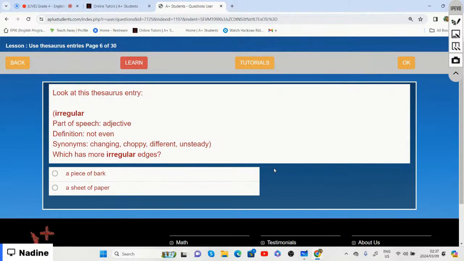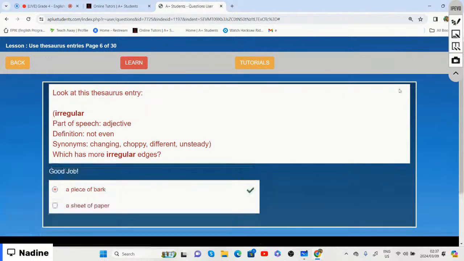So what has more regular edges? All right. So if we want to select the thing that has the most regular edges, we'll say it's a piece of bark, right?